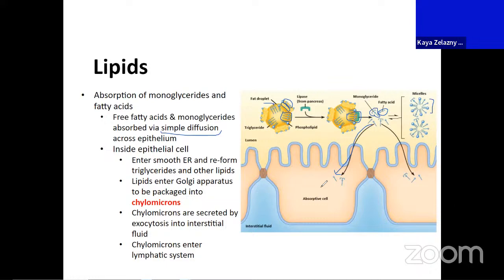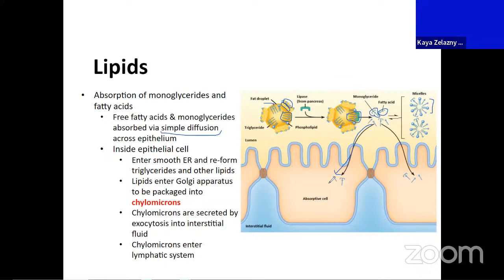This is happening inside the smooth endoplasmic reticulum and also in the Golgi body. We take these individual little fatty acids and monoglycerides, and we're going to remake some of our triglycerides. So we had to make them small to get them across the cell membrane, but now we can build them back up bigger again in the cell. That's one thing that's happening in the smooth endoplasmic reticulum.